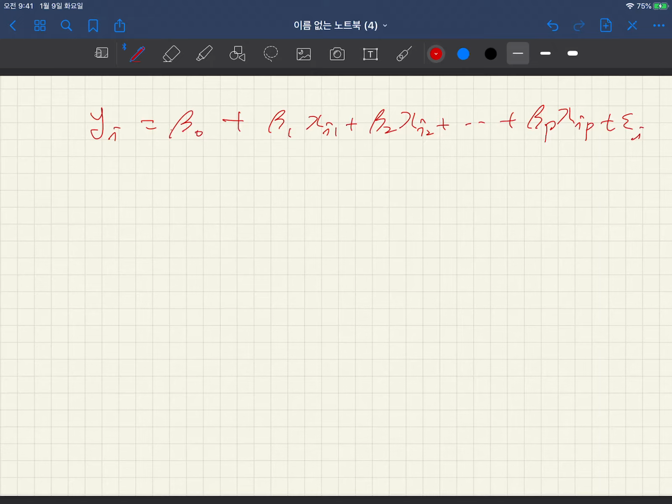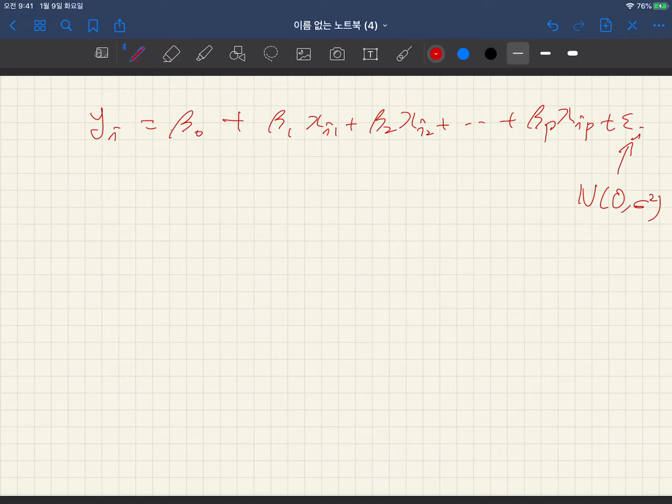So there are p predictors, and each time we observe a value yi with an independent random noise epsilon i. And let's assume epsilon i comes from a normal distribution with mean 0 and variance sigma square, right?